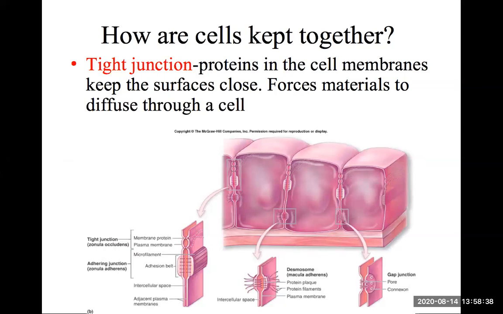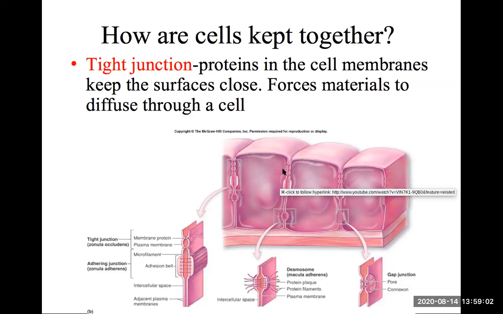So I mentioned that some of the proteins in the plasmalemma enable communication and allow cells to basically interact with other cells. Well, in some areas of the body, cells establish very, very tight connections between the individual cells.